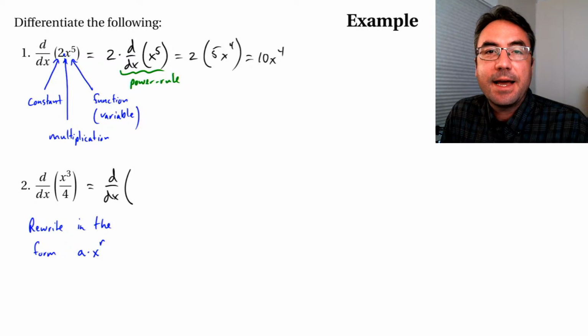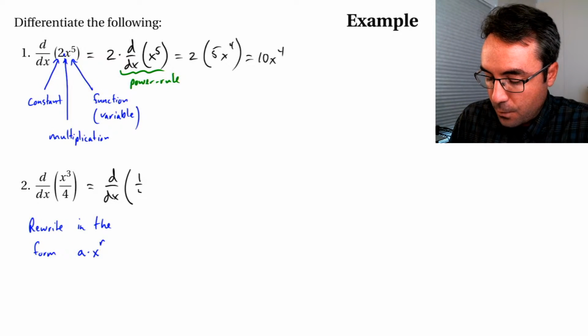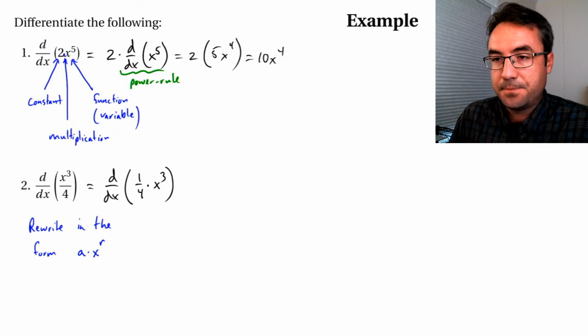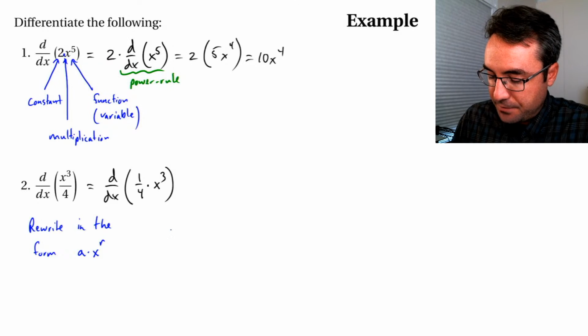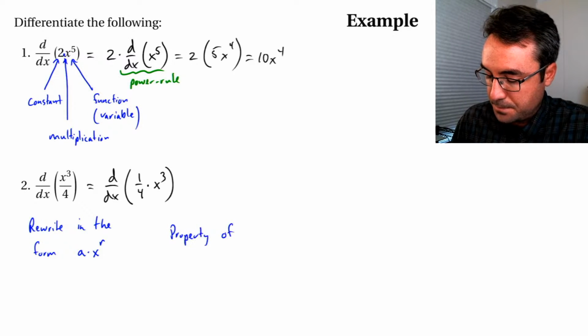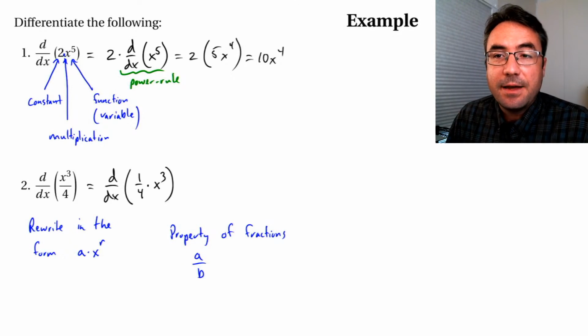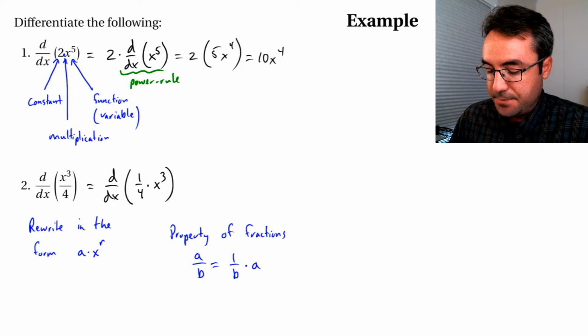I would rewrite that x cubed over 4 instead as 1 over 4 times x cubed. What we're doing there is using a property of fractions. When we have a divided by b, we can rewrite that fraction as 1 over b times a.